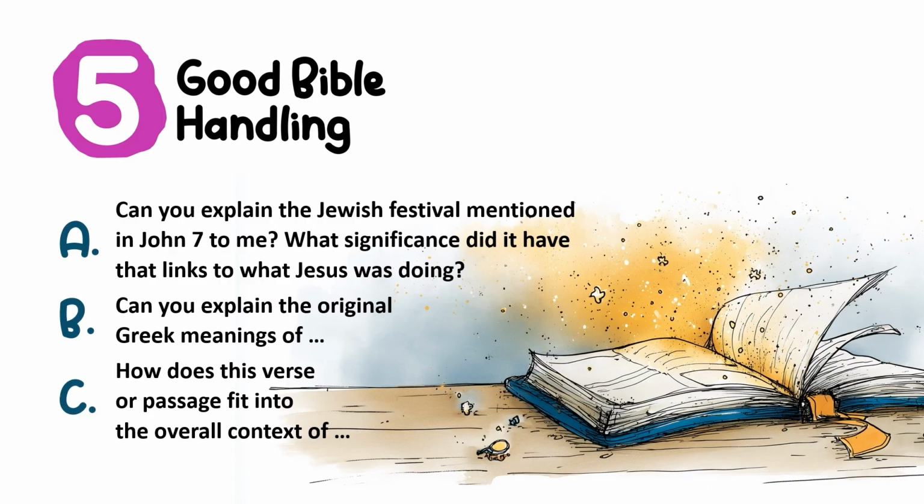I was trying to remember what I knew about this festival, and I didn't have a commentary with me. So I asked ChatGPT to give me the context, the history, what it was about, and the significance of what Jesus did at it. I needed a little bit of help, and the AI helped me.